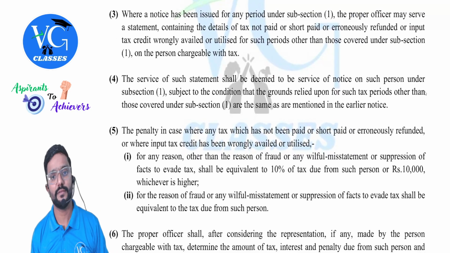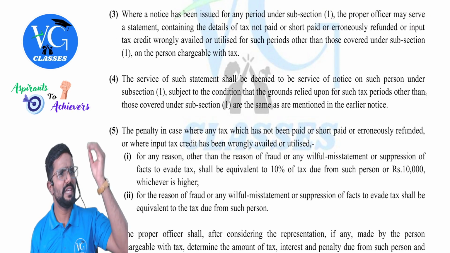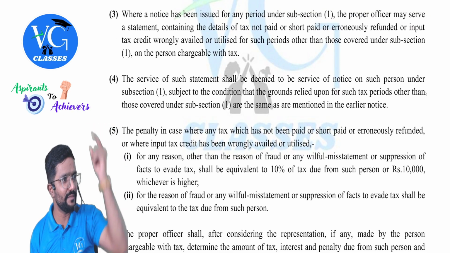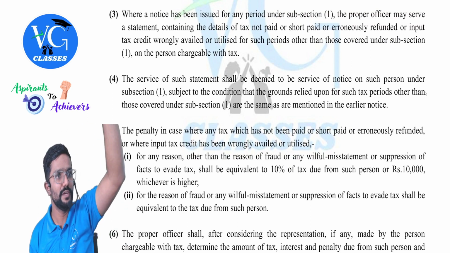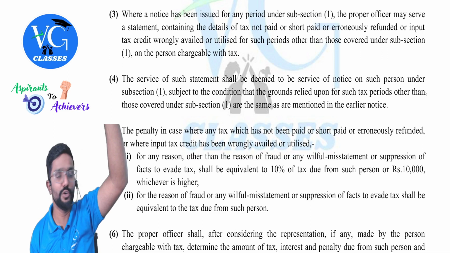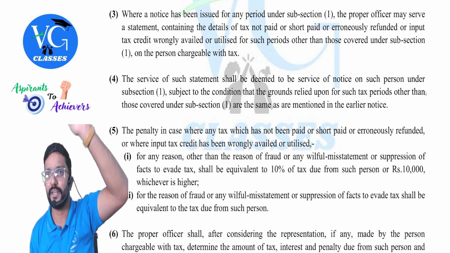Next, subsection 3. Statement. Same to same, you can see order is same. Under 73 and 74 also, first notice, so first subsection. Subsection 2, time limit to issue notice. Subsection 3, statement. Same story.